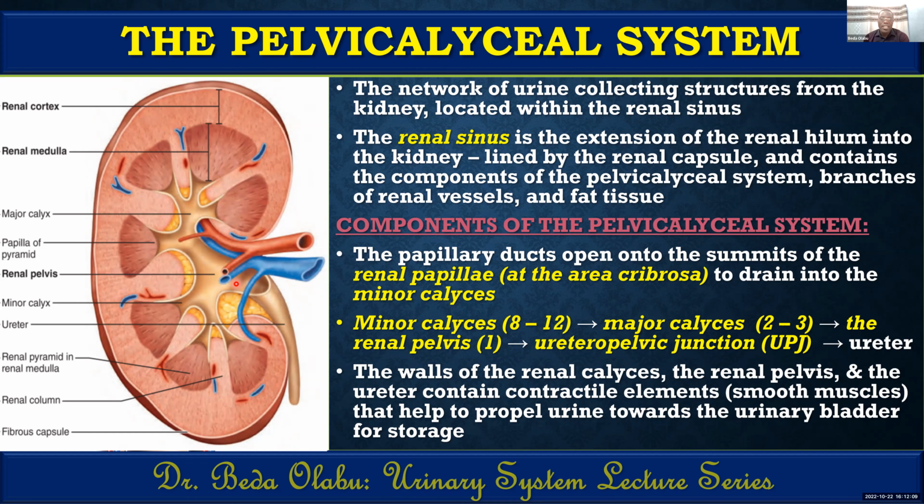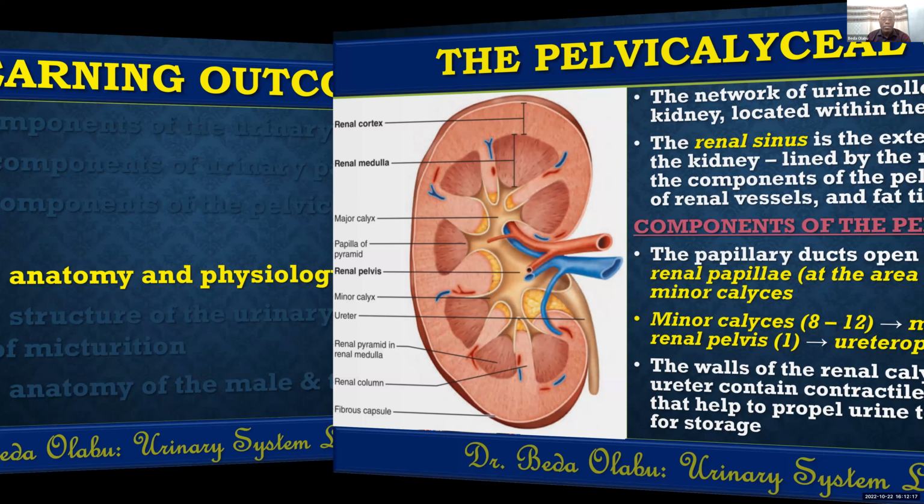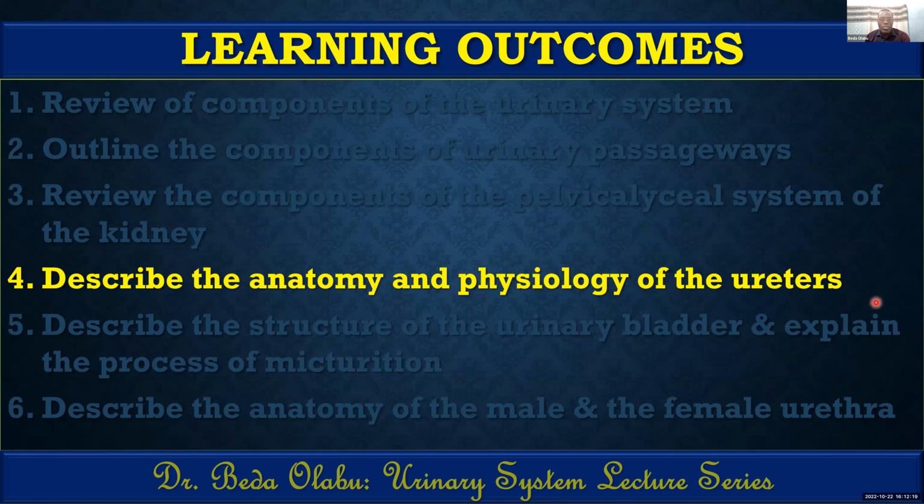Chances are that the urinary bladder will still fill because of the peristaltic activity within the urinary passageways. Now we can take time to go through the anatomy and physiology of the ureters, having talked about the pelvicalyceal system.